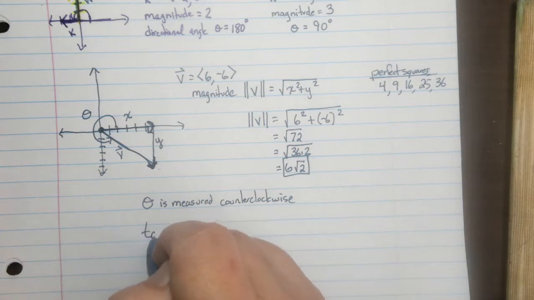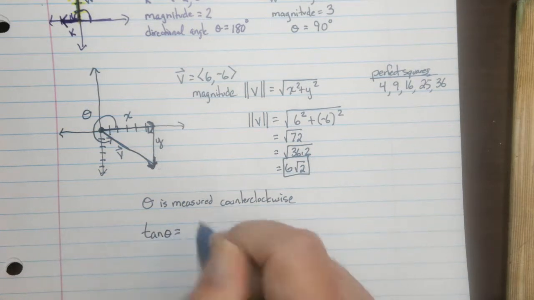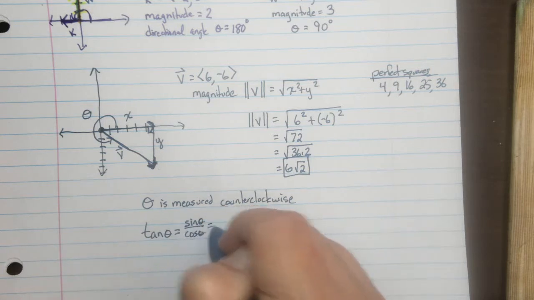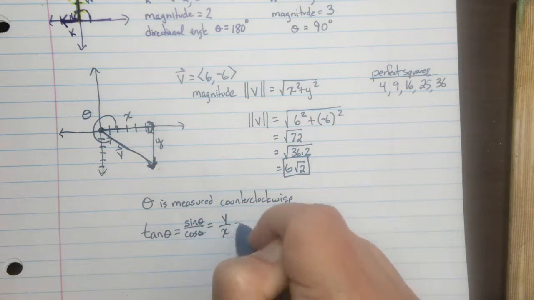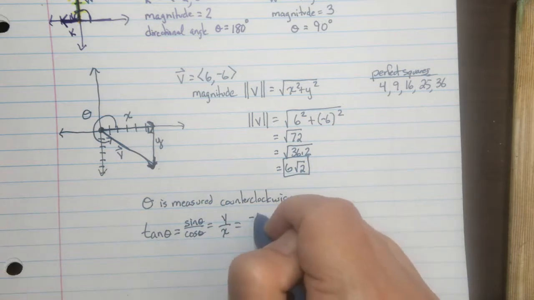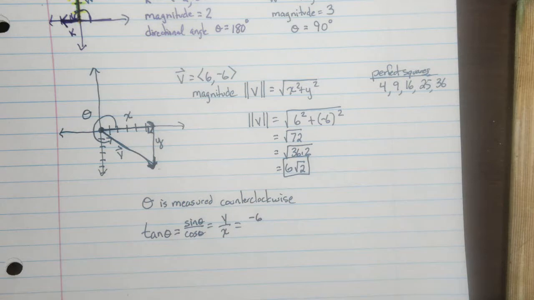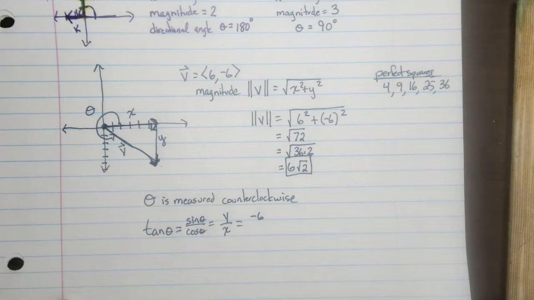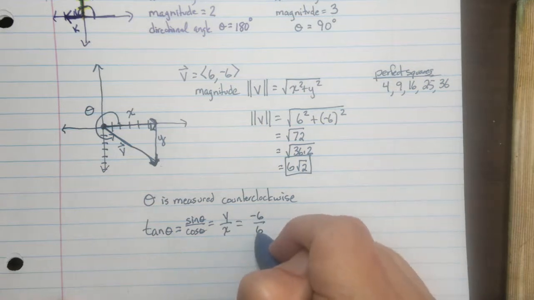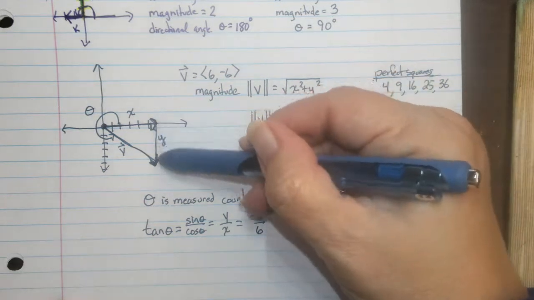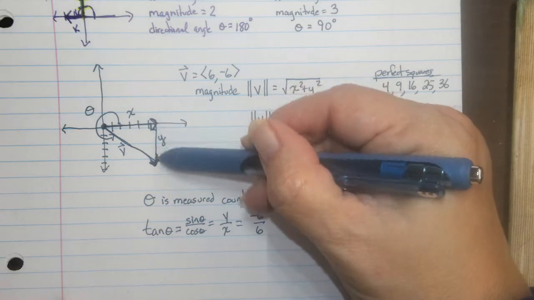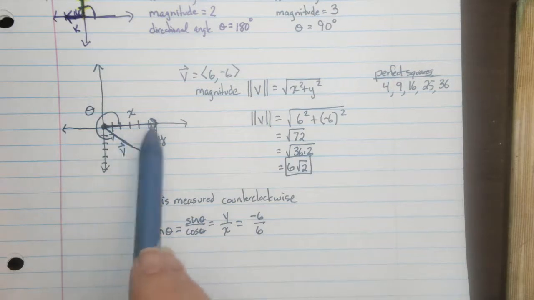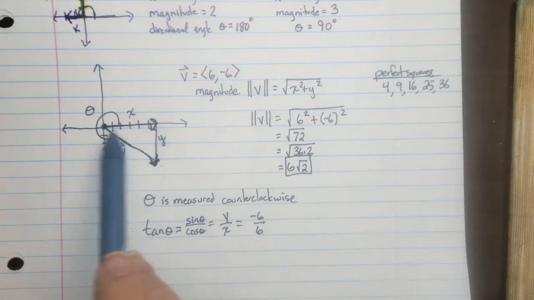So tangent of theta is going to equal sine of theta over cosine of theta, which is y over x, which is -6 over 6, because -6 is my y value right here, and 6 is my x value for cosine.